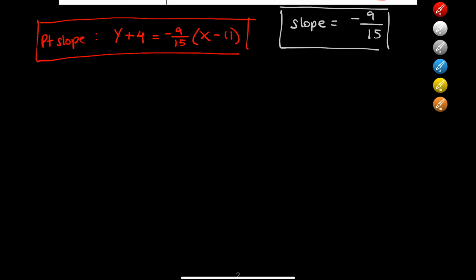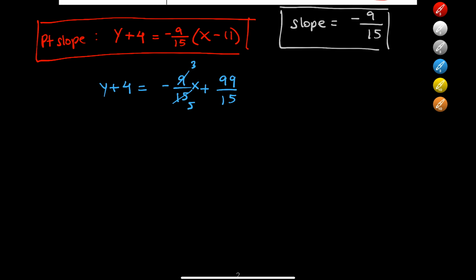So we have y plus 4 is equal to negative 9 over 15 x plus 99 over 15. And then I'm going to simplify this. I could have simplified this earlier, but I didn't for some reason. But this becomes 3, and this becomes 5.